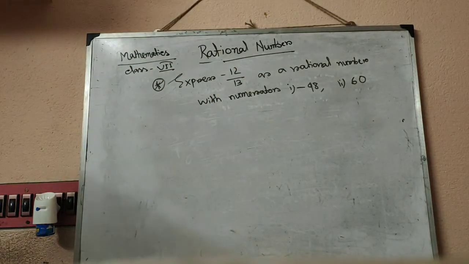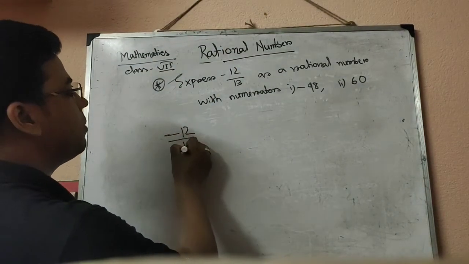That means the rational number is minus 12 by 13.